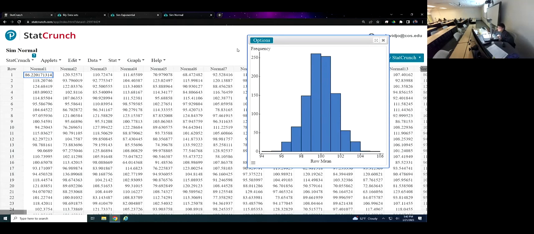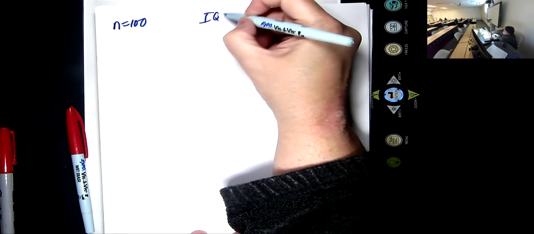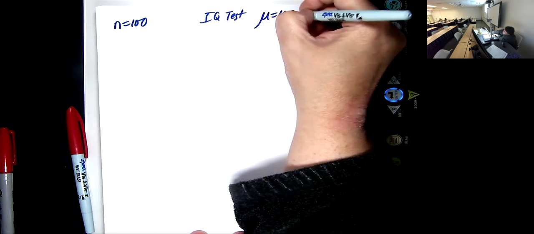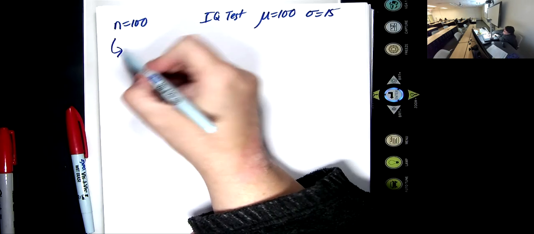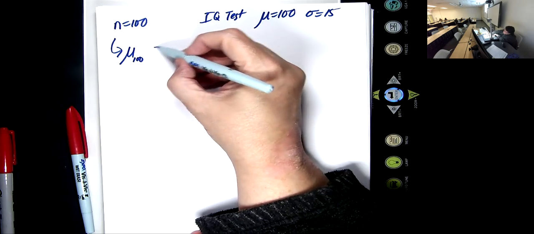So back to writing down what I was verbally saying. So we had n equals 100. And for the IQ test, mu was 100 and sigma is 15. When we did mu of 100 groups, we still got 100.